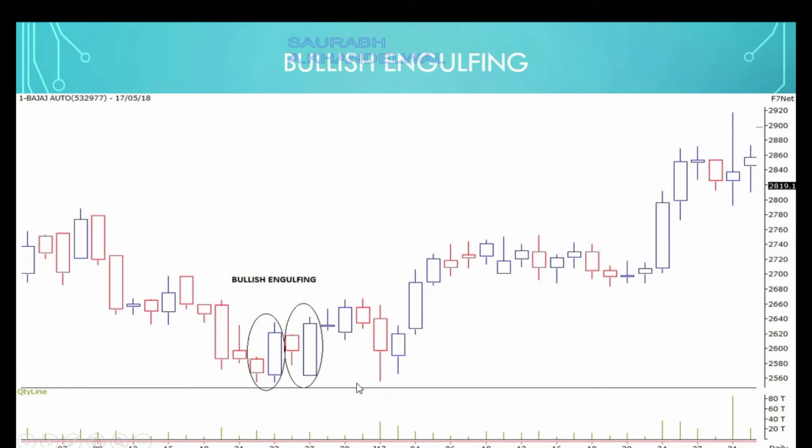This is bullish engulfing, daily chart of Bajaj Auto. As you can see here, a small red body completely engulfed by a big white body. Again, back-to-back engulfing. Again, a small red body engulfed by a big white body. This is a bullish engulfing pattern, signifying bulls coming back in control, and see the price start moving up.